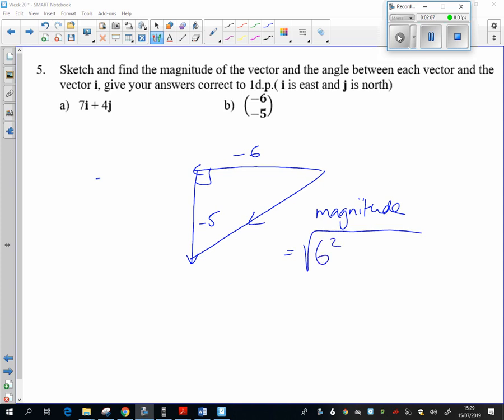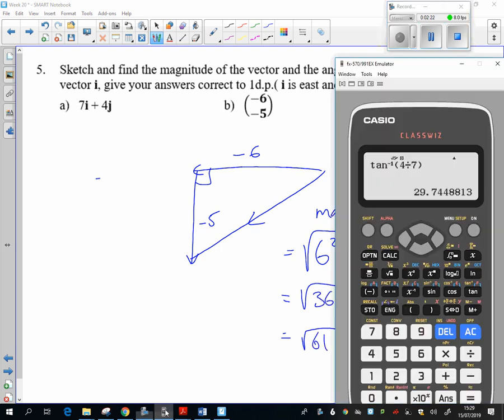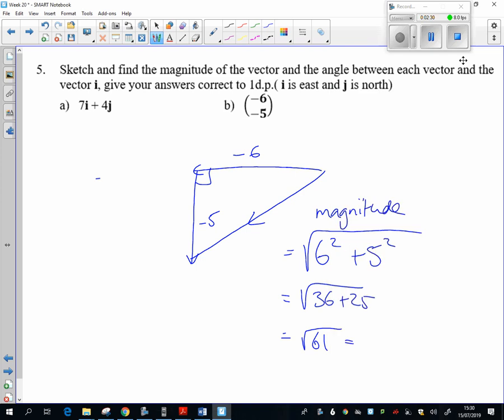Obviously, if I'm squaring 6 and 5, it's just the length of them I'm interested in, so don't need to worry about the negatives. So what's that going to be? Root 61, and they want it to 1 decimal place, so we better do that. Okay, so 7.8.